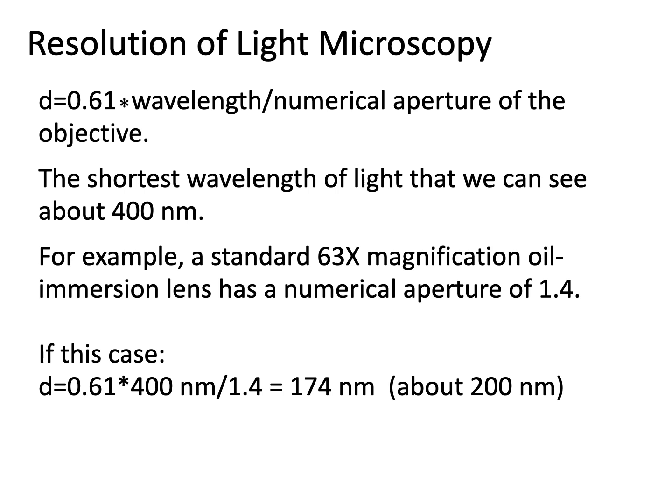It's written right on there that it has an NA of 1.4. So we're given that. We could just throw those values into the resolution equation. So d would be 0.61, that constant, times 400 nanometers divided by 1.4, the NA. And that gives us 174 nanometers.